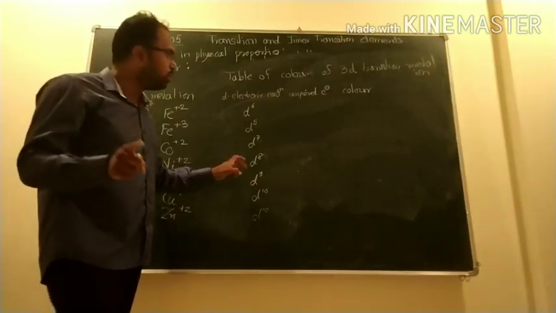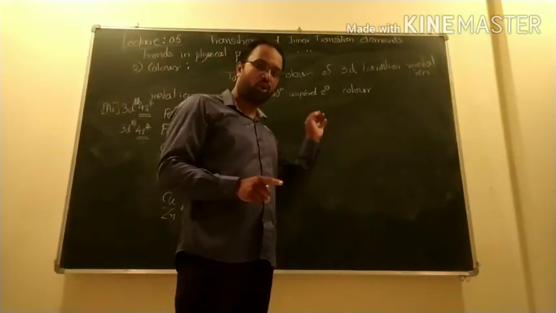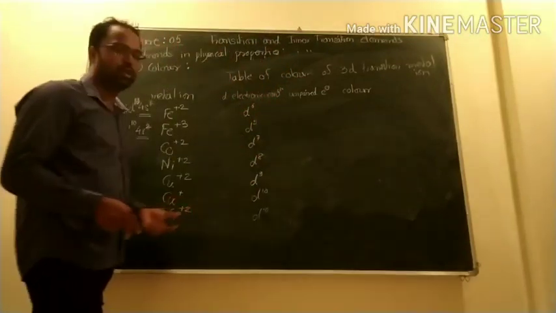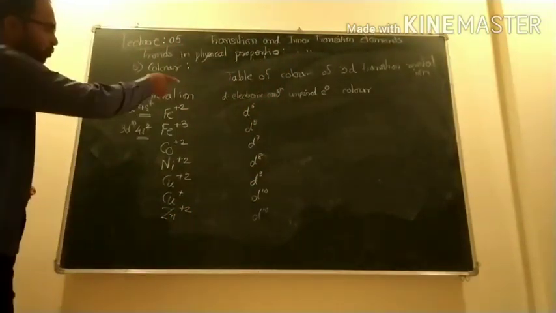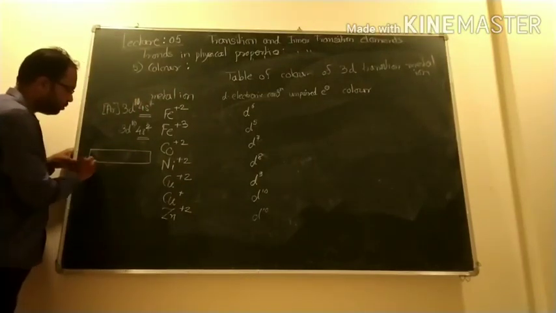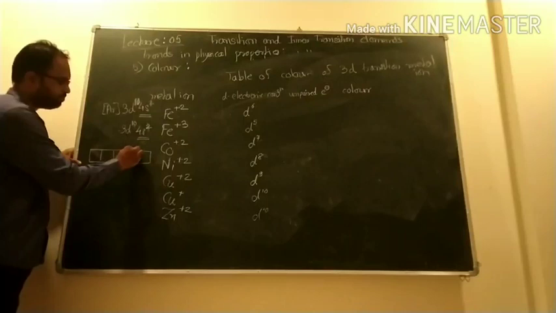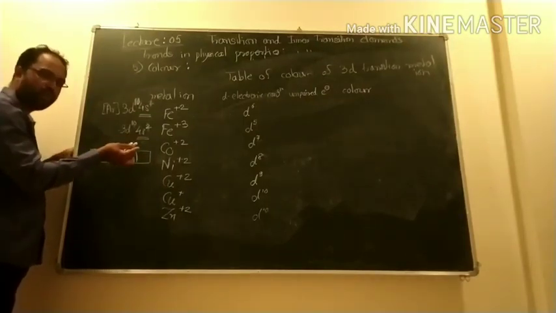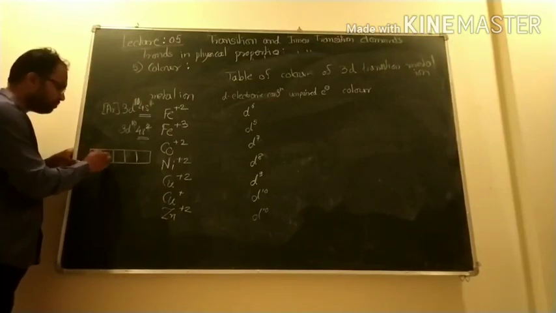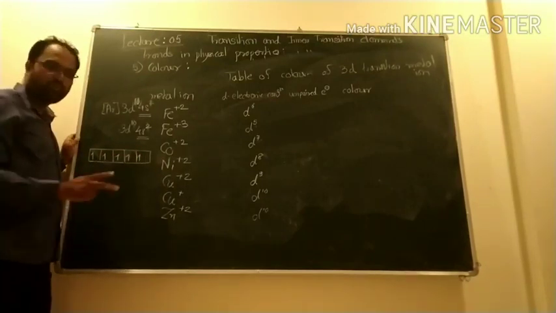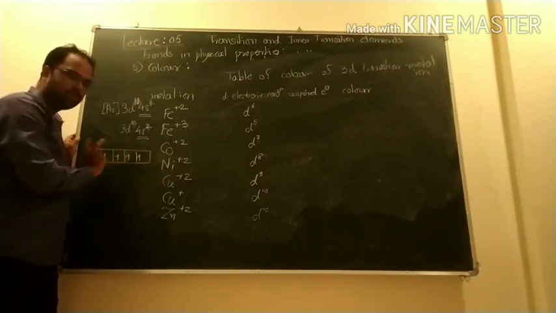We understand only from the number of unpaired electrons. So we first calculate the number of unpaired electrons. For the d6 case, there are 5 d orbitals. First, each orbital is filled with a single electron, that means 5 electrons can be filled.